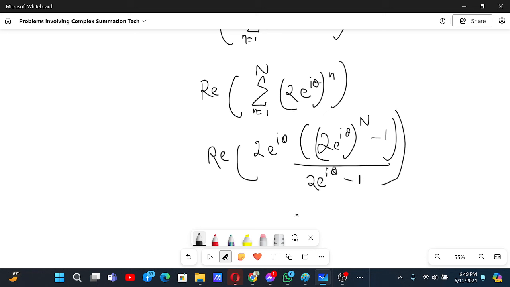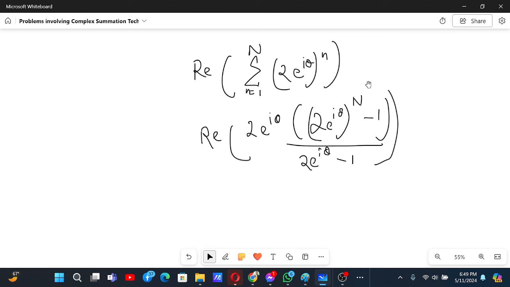Now we have to find its real part. In the numerator we can just find the real part and imaginary part, no problem. But if it's in the denominator also, with both real and imaginary parts, we can do rationalization, but that will be a bit long.